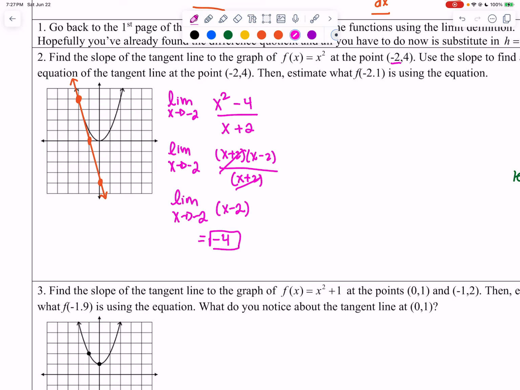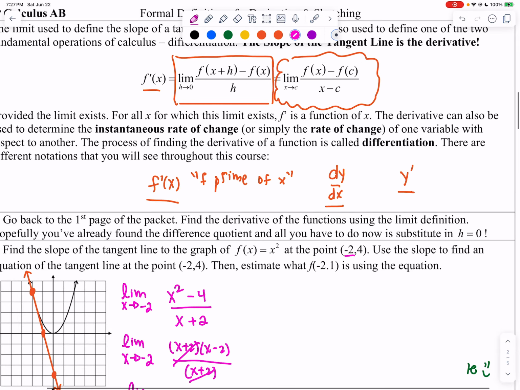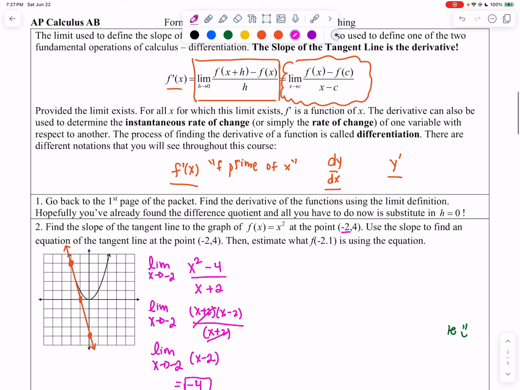And see how we only did a couple of steps. So that's why I would encourage you, if possible, to do the definition of the derivative at a point using this limit right here instead of this one right here. So this one point, this one function.